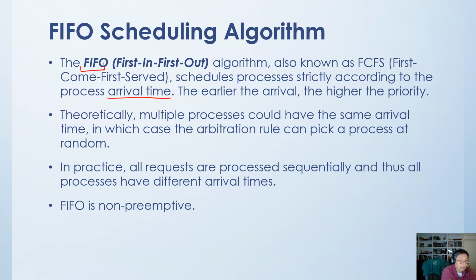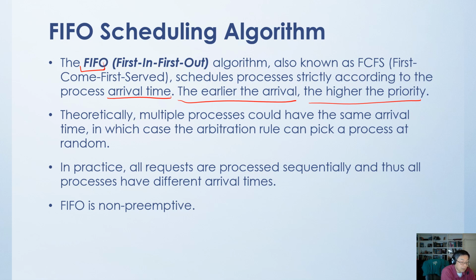So when two or multiple processes compete for the CPU, the scheduling algorithm simply checks which process has the earliest arrival time and allocates the CPU to that process. The earlier the arrival, the higher the priority.